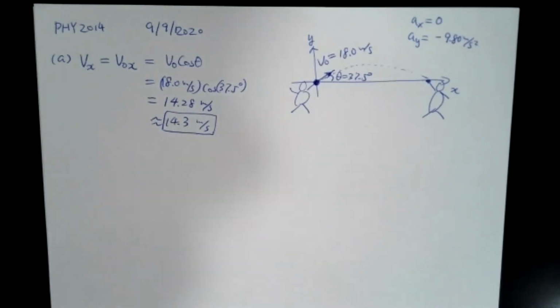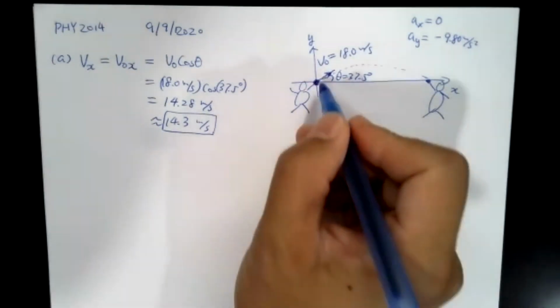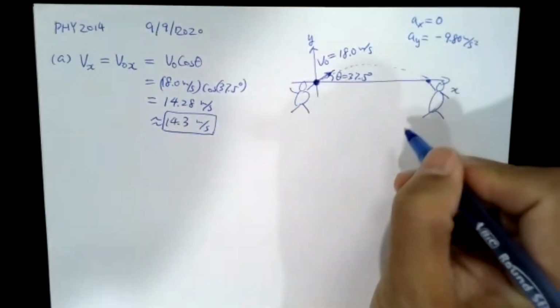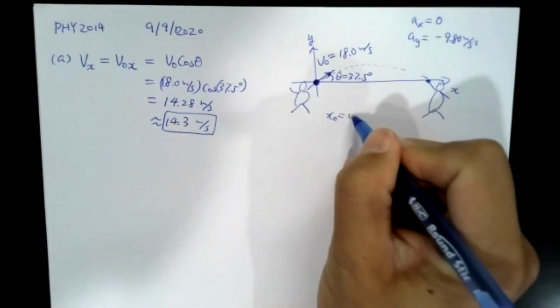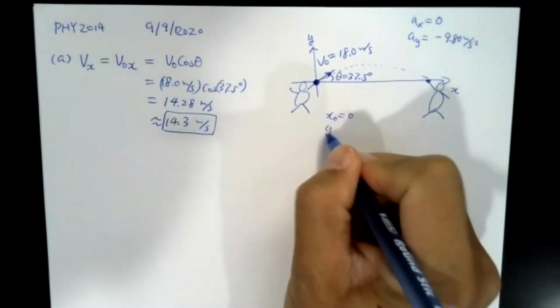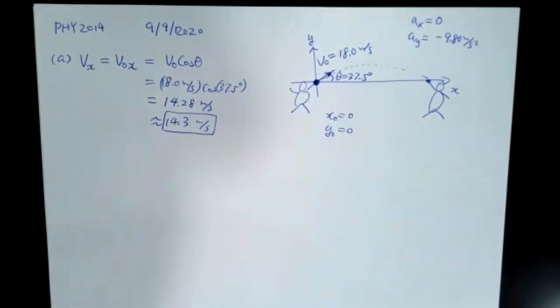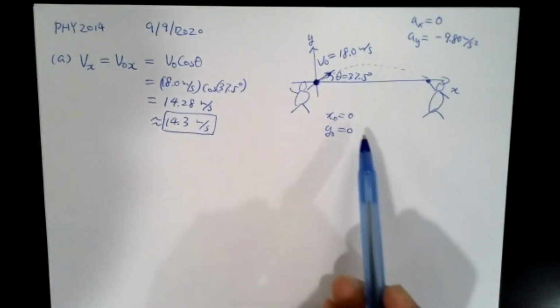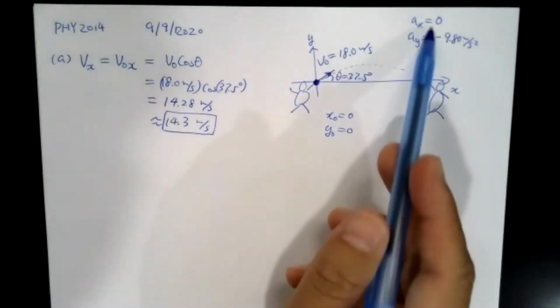So we can see what else we already know about the problem. If you pick the origin at the initial position, then you also assume its original x is 0 and original y is also 0. So we actually have 6 pieces of information here: 1, 2, 3, 4, 5, 6.